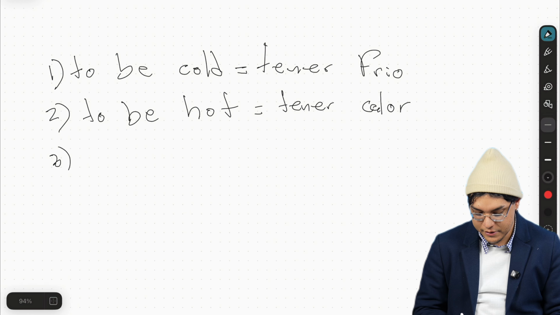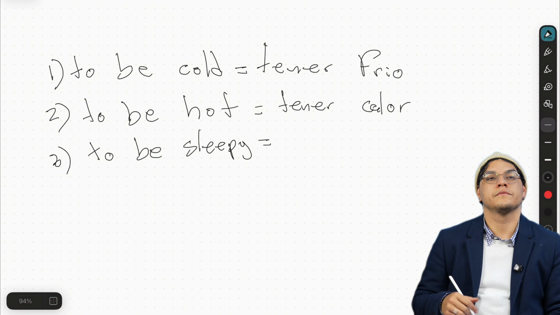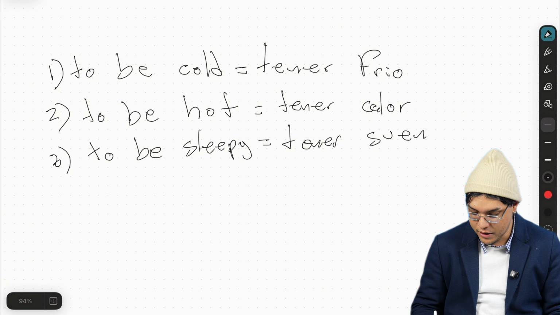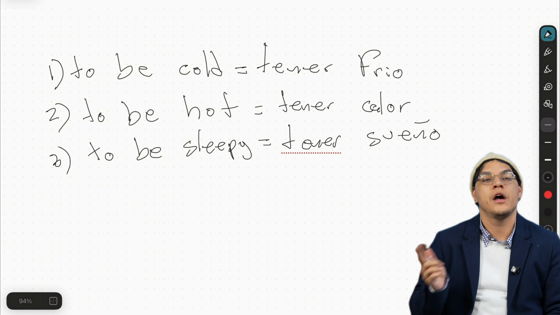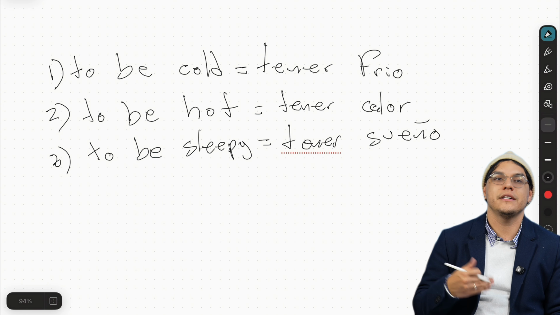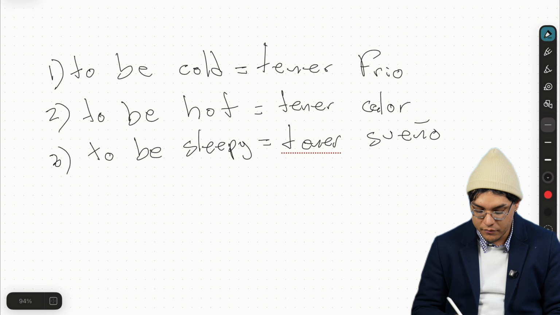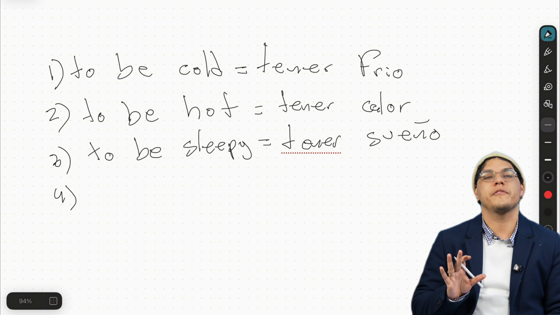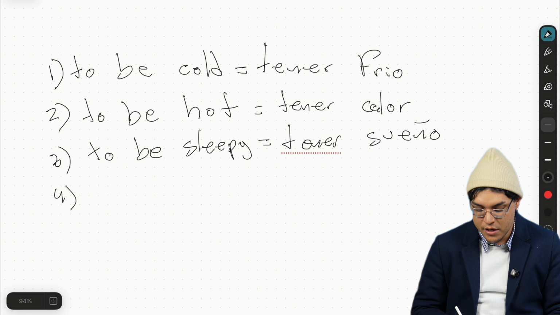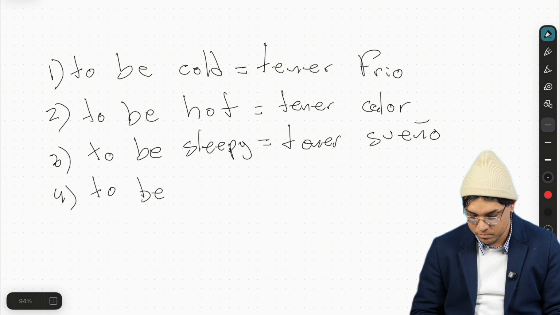The next one is to be sleepy. Tener sueño. Remember, guys, that in Spanish you have sueño and sueño. Sueño is I sleep. Sueño is I dream. It is important also to keep that in mind, okay? The next one, number 4, we're just covering 5 exercises. So the next one is to be lucky.